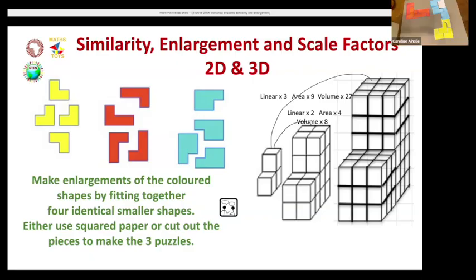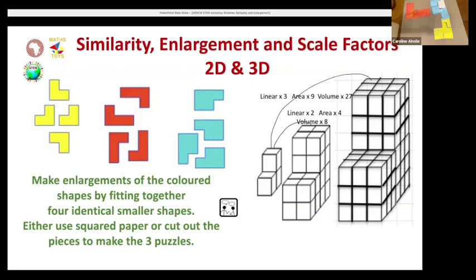Now the area scale factors are 2 squared is 4, and 3 squared is 9. So if the linear scale factors are 2 and 3, the area scale factors are 2 squared and 3 squared, 4 and 9. And the volume scale factors are 2 cubed, which is 8, and 3 cubed, which is 27. You know that the volume scale factors are the cubes of the linear scale factors.